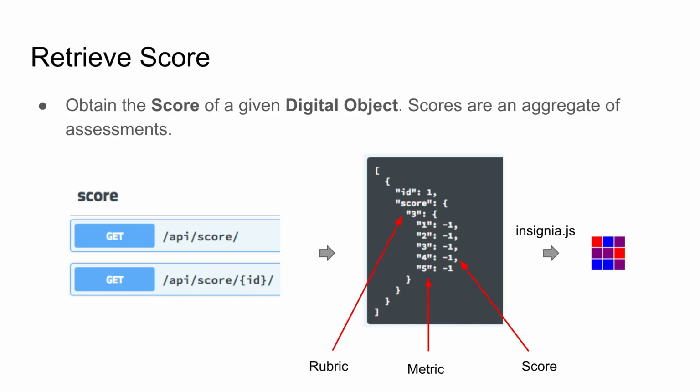Retrieve Score API enables users to obtain a score for a given digital object. Scores are aggregates of assessments and can ultimately, through an Insignia JavaScript client library, be turned into an SVG.